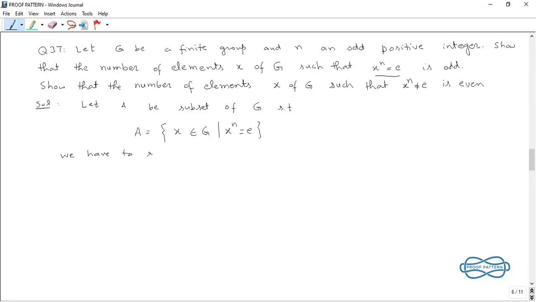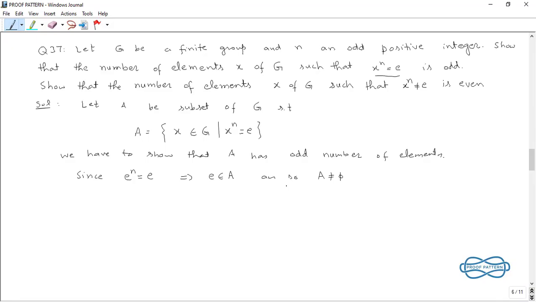We have to show that A has an odd number of elements. Since E raised to the power n is again E, identity raised to the power n is identity, this means E belongs to A, and so A is non-empty.